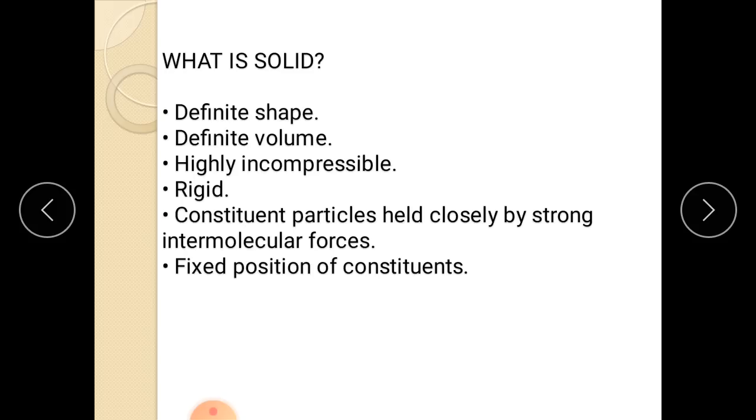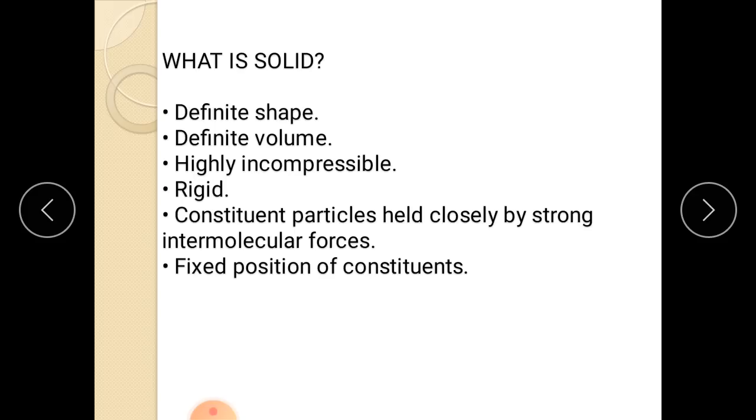In liquid state, the atoms or molecules are closer as compared to the gaseous state, but are still arranged haphazardly. Still, they don't have a definite shape. They acquire the shape of the container or vessel in which they are filled.